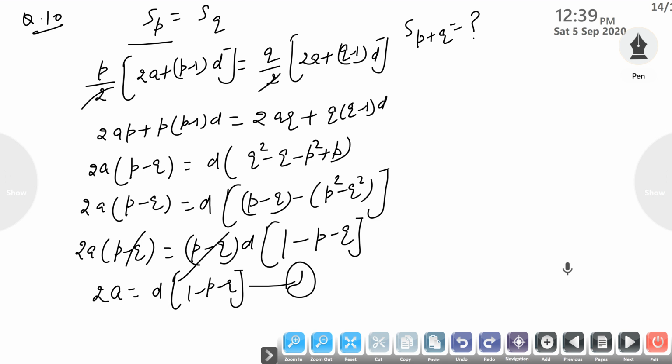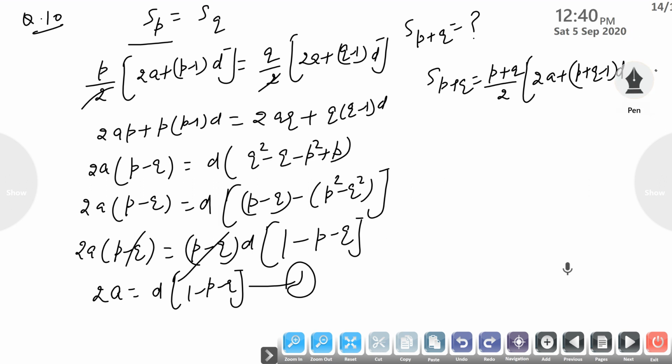Now put the value in S_{p+q}. We have to find the value of S_{p+q}, which is equal to n by 2, that is (p plus q) by 2, into 2a plus n minus 1, that is p plus q minus 1, into d.